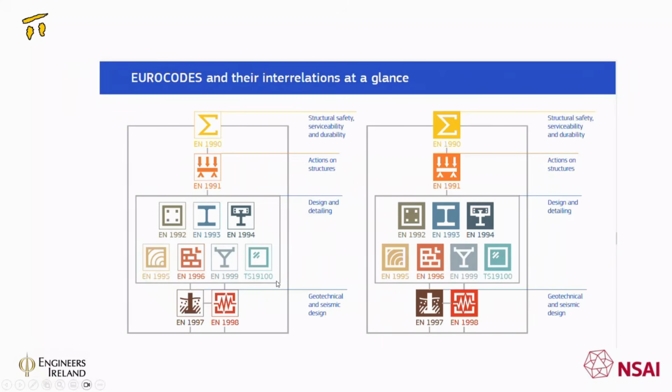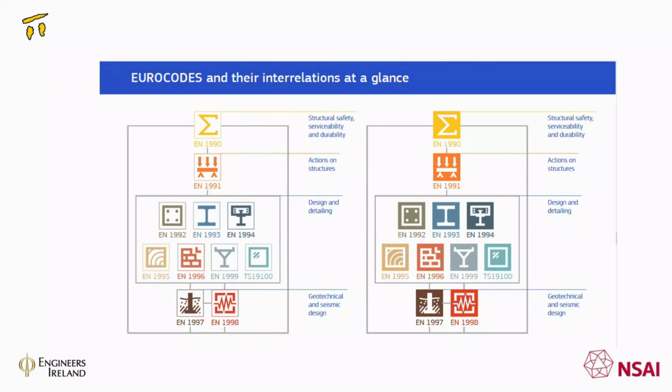So this is the interaction between them with the symbols and the coloring that Europe use. So the main head Eurocode is the basis of design, EN 1990. It's followed by actions and structures, and it's a lot of parts, and I'll be talking about that primarily today.